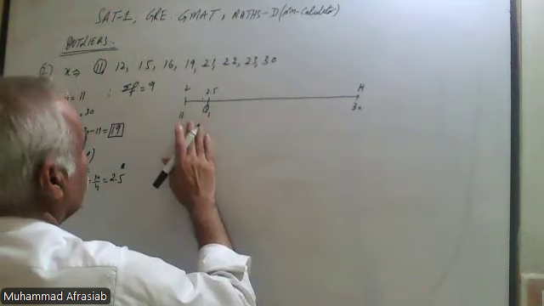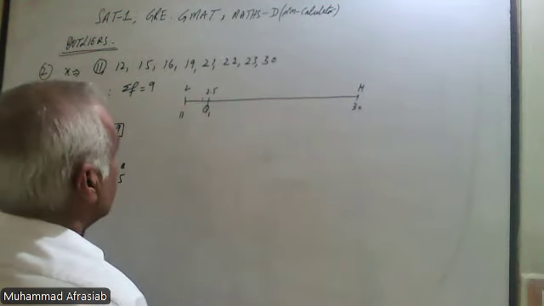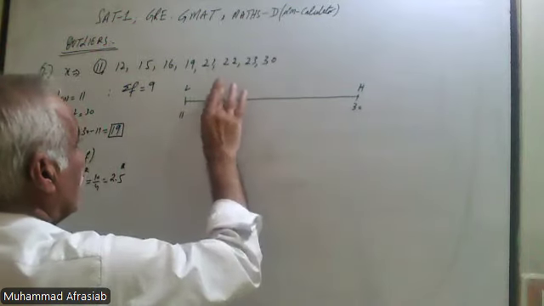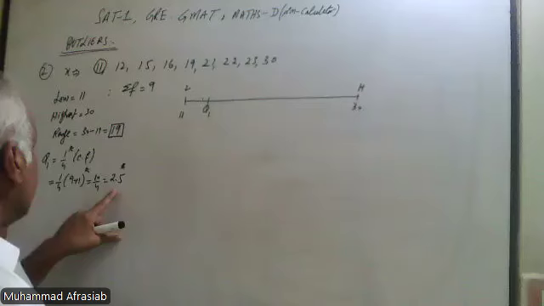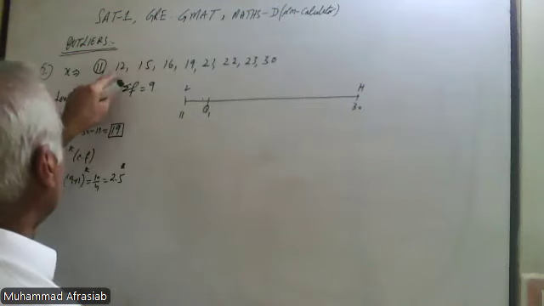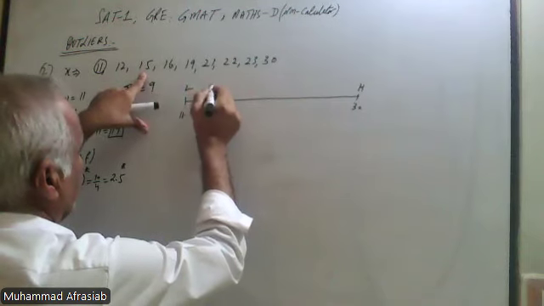This is not 2.5, it is the position of that value. So at the third position, you are finding it as equal to 13, sorry, 15.